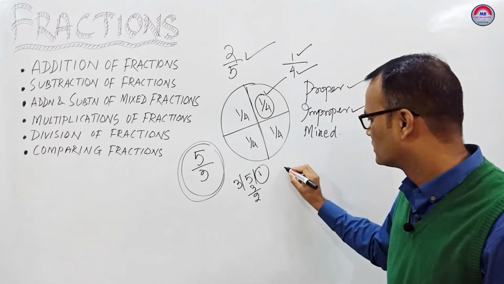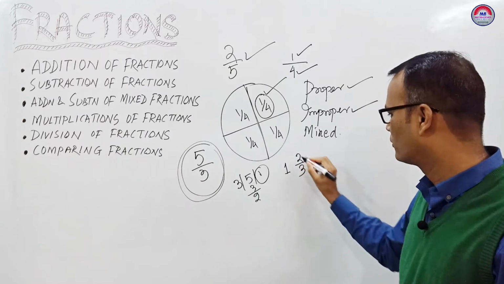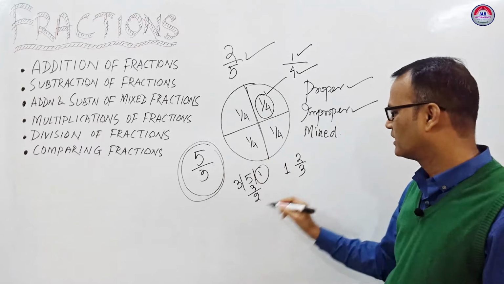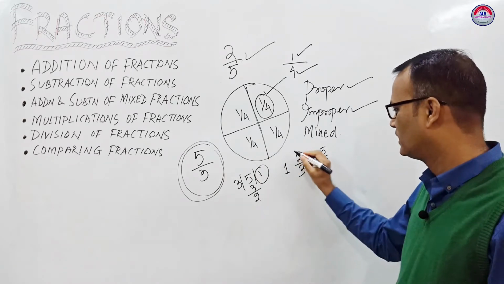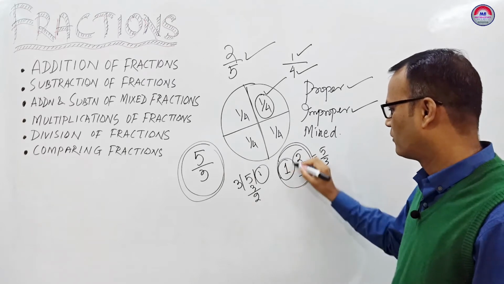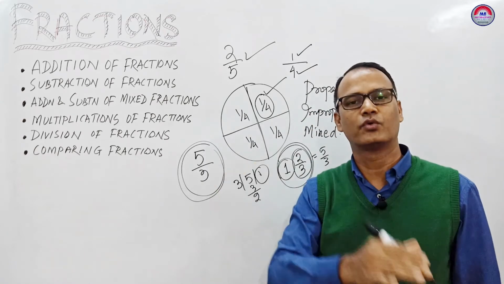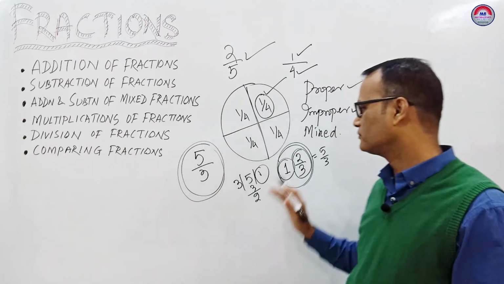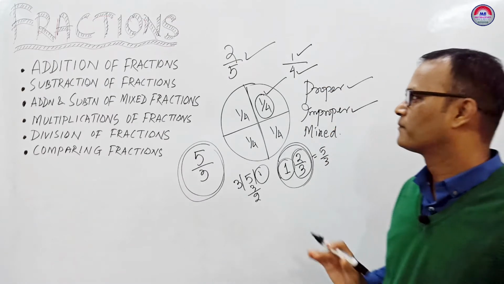So quotient 1 means the whole number, and you can write 5 by 3 is equal to 1 whole 2 by 3. This is the mixed fraction, 1 whole number and 1 fraction. So the improper fraction is converted to a mixed fraction. So these are the types of fractions.